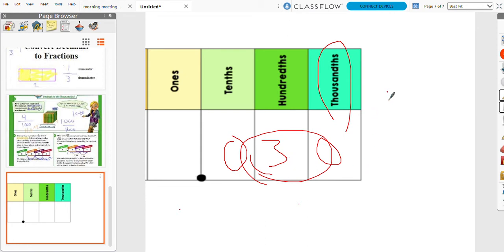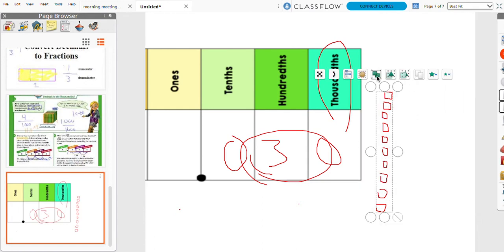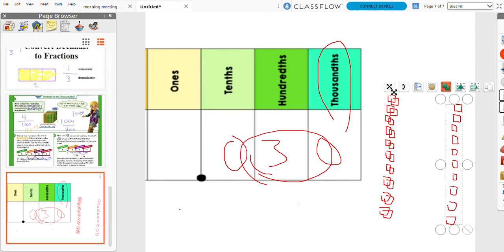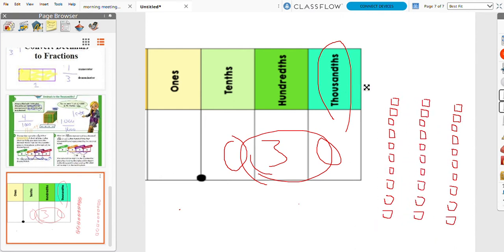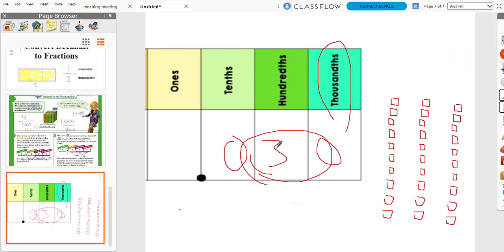If I had 30 of those little cubes, and there's 10 of these little cubes that make up a rod, 1, 2, 3, 4, 5, 6, 7, 8, 9, 10. If I had 30 of them, watch this magic. How many groups of hundreds do I have? If you look here, I have 3 hundreds.